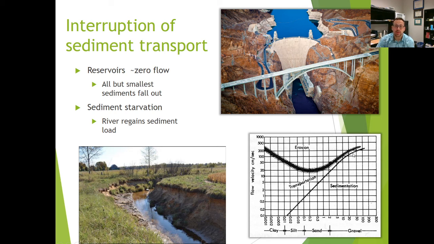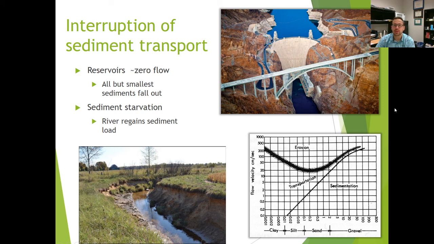And so when you think of this graph, you've got essentially zero velocity, so all the bigger sediments just fall out, landing on the bottom of the reservoir, essentially filling up this reservoir with dirt, but all but the smallest sediments, all but those clays, are going to be falling out in the reservoir. So think about as the water comes out of this dam, that river is going to be very clear, clean water with no sediments in it.